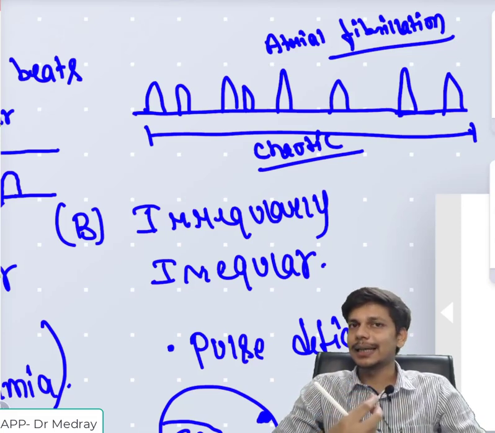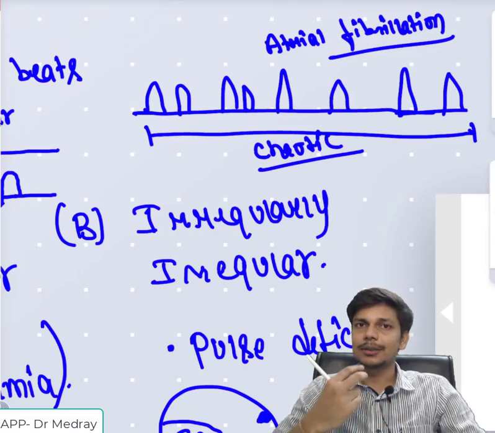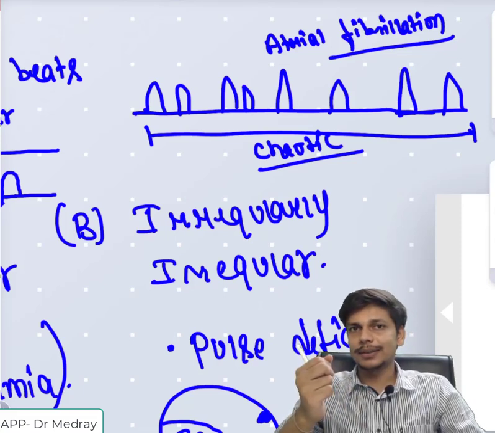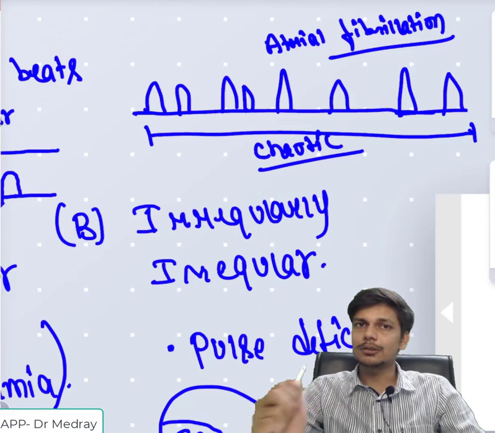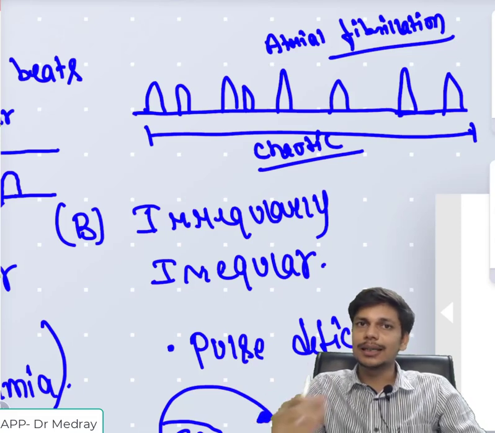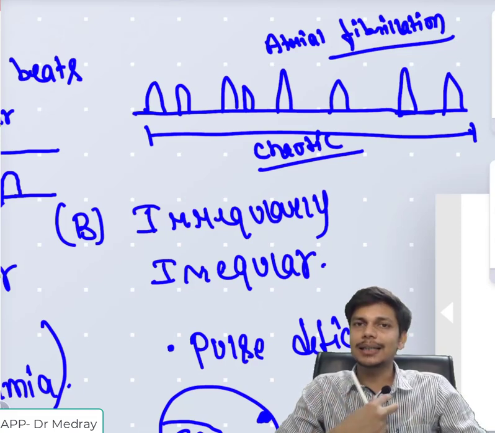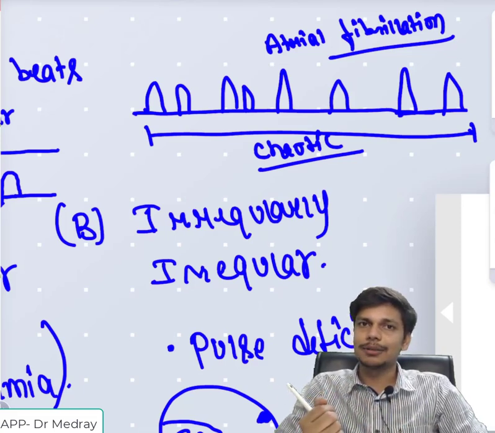As there is atrial fibrillation, there is a reduced diastolic time, and because of reduced diastolic time, there is less filling of the ventricle, and there may be a time where there will be a reduced stroke volume, and that reduced stroke volume cannot produce a pulse. So normally the heart rate will be more, but the pulse rate will be less.